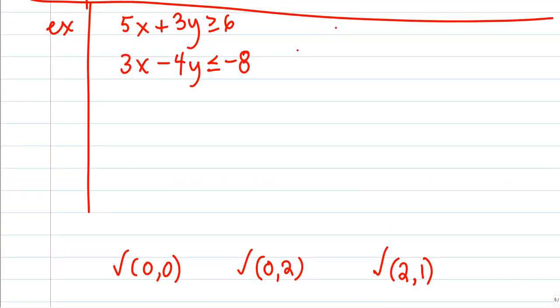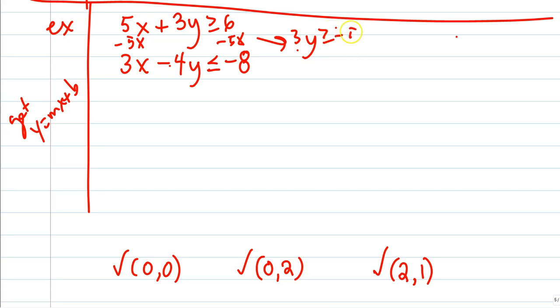These are not ready to graph. So you're going to need to get these in y equals mx plus b. So when I look at this first equation, to solve for y, we're going to subtract the 5x and get 3y is greater than or equal to negative 5x plus 6.